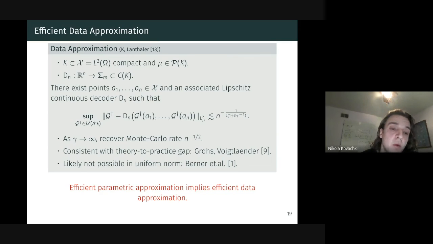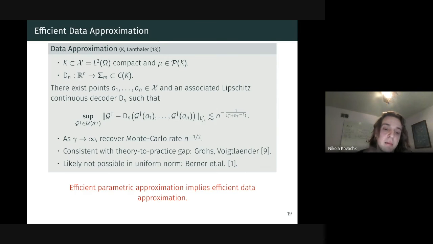Then the worst case in this set can actually be reconstructed at a data rate, which is now algebraic. So this essentially says that if I can be parametrically efficient, then I can be data efficient.